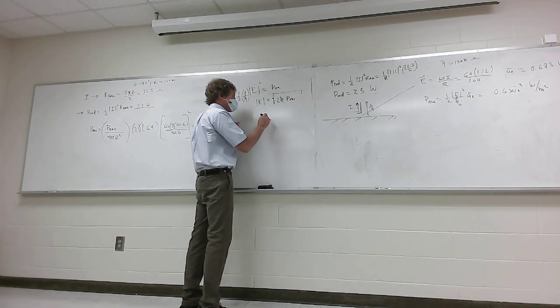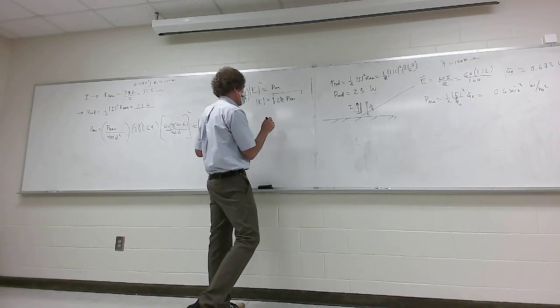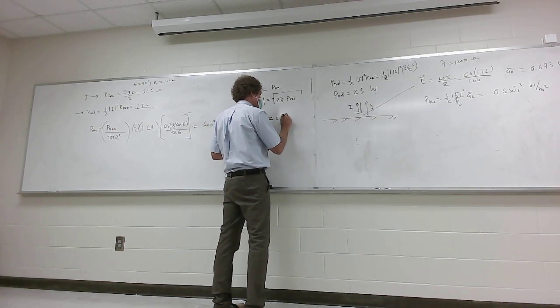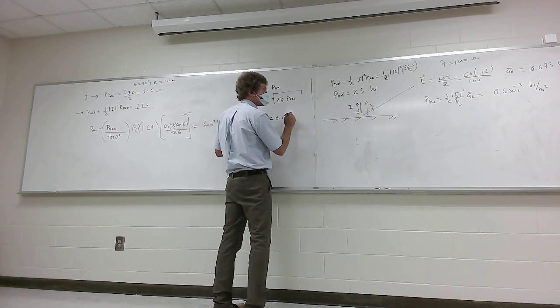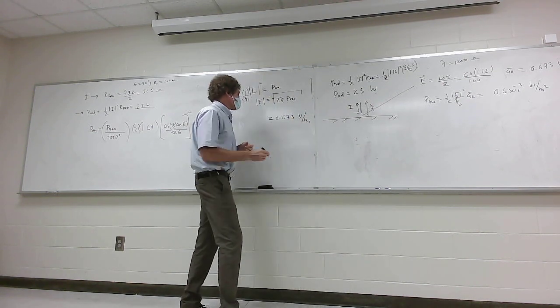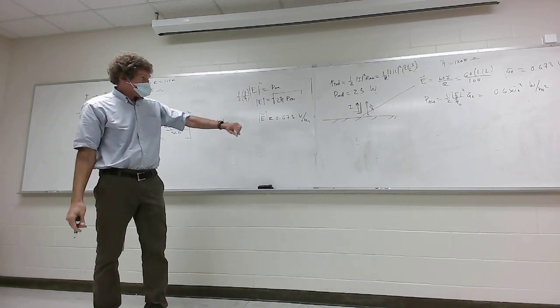Now that's the E field magnitude. It'll be the same as we calculated before, which is 0.673 volts per meter. And then you can get the H field just by dividing that by eta.